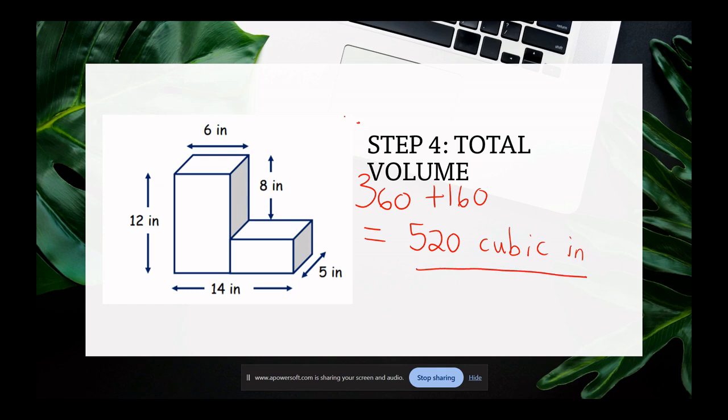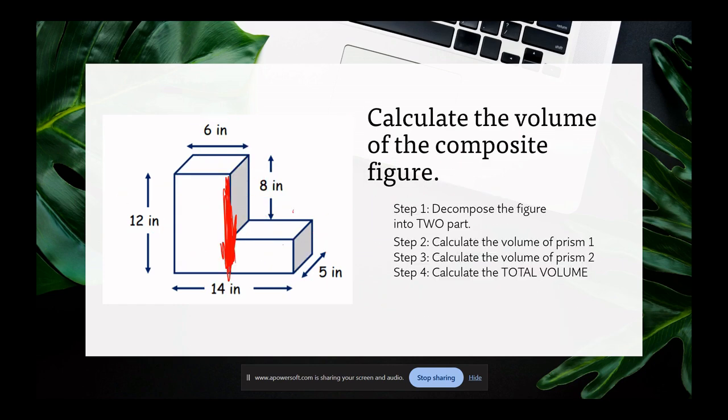Okay, so that is the composite shape. So just always remember the 4 steps. Step 1, decompose the figure into 2 parts. Step 2, calculate the volume of prism 1. Step 3, calculate the volume of prism 2. And step 4, calculate the total volume.